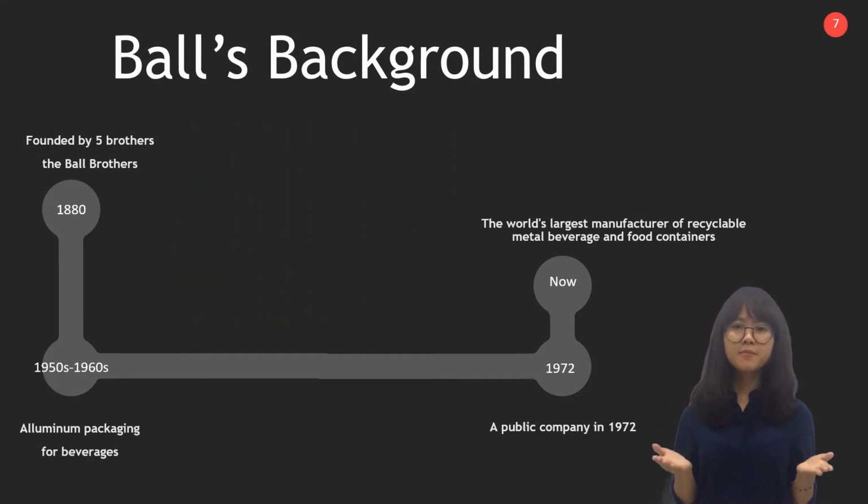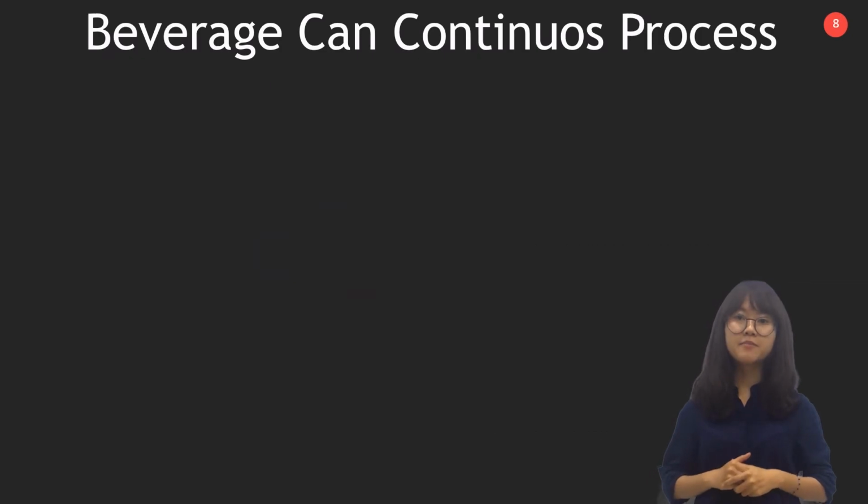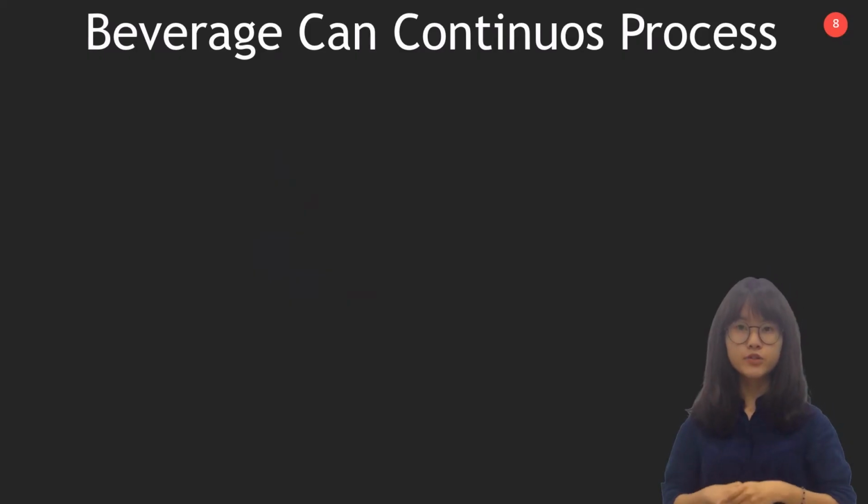So, what made Ball so successful? Let me talk about the continuous can making process, which is the main factor building up the reputation of Ball. Let me introduce you a little bit about the continuous process. That is the process with no interruption.